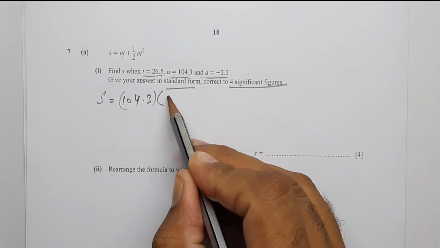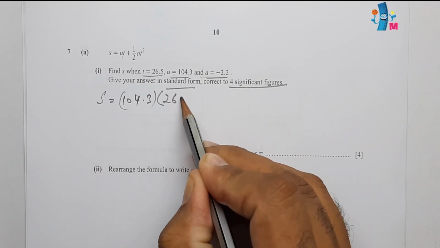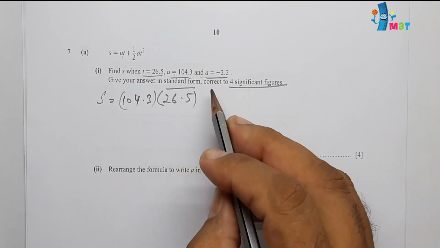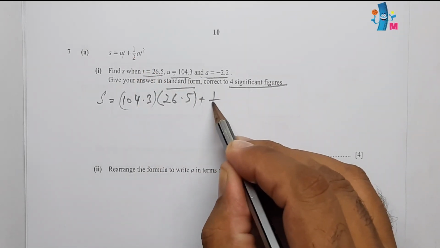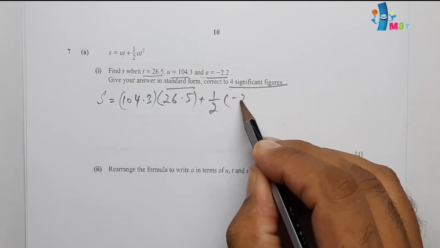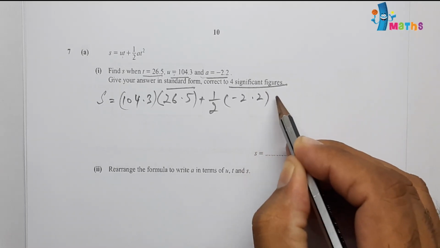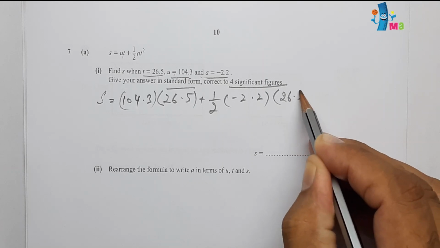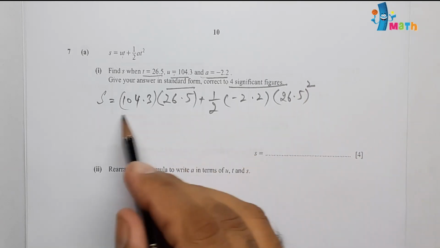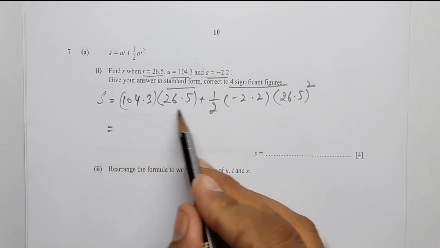Always try to replace values in brackets. So 26.5 plus half at squared, half a will be minus 2.2 and t squared, t will be 26.5 squared like this. So you can use a calculator and solve this one.